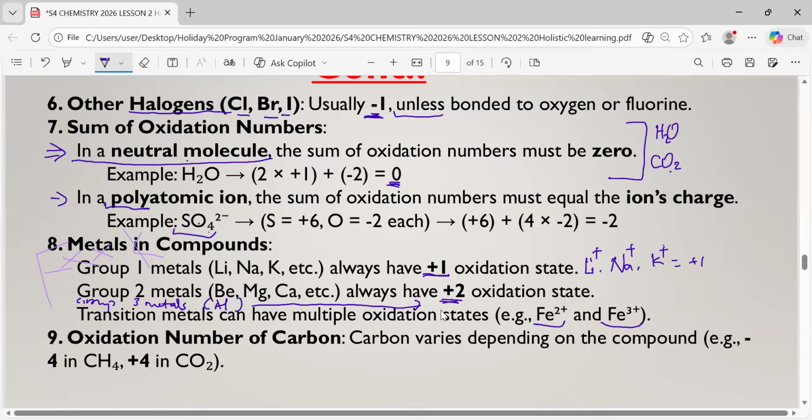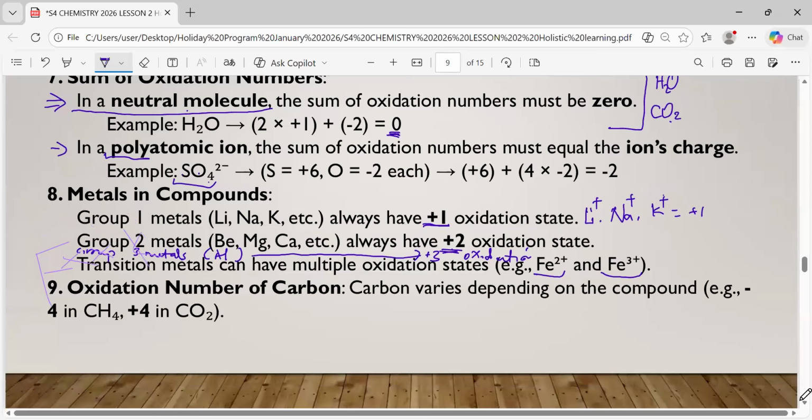Group 3 metal. +3, meaning its oxidation state is +3. But when you come to transition metals, which I believe you have seen on the modern periodic table, they can have multiple oxidation states depending on the compound they are combined with.